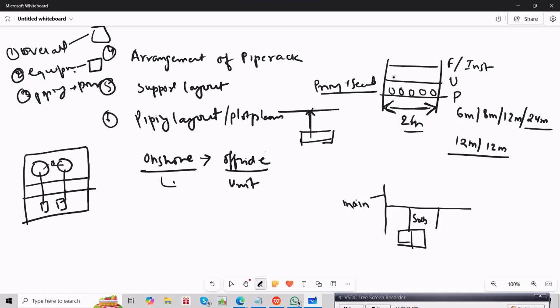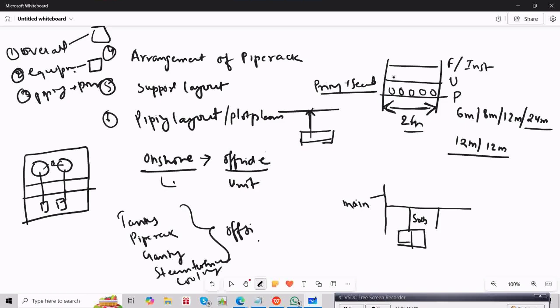Offside means the tanks area, pipe rack, gantry, your steam area, steam turbines, and your cooling tower. So this all comes as offside.